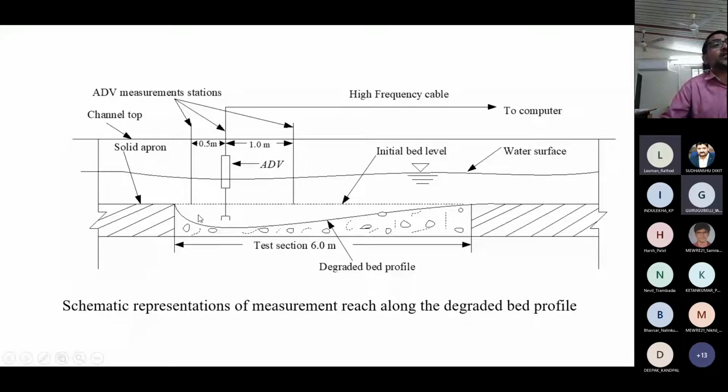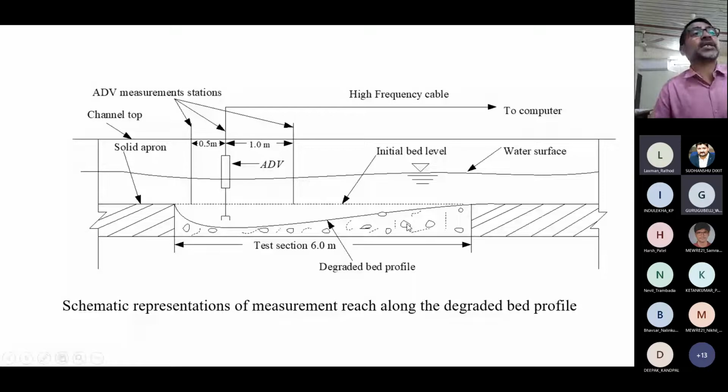So initially sediment was filled up to this level. That was the initial bed level you can see here. Now as sediment was not refed on the upstream side, flowing water will take away the sediment from the bed and create a degraded bed.